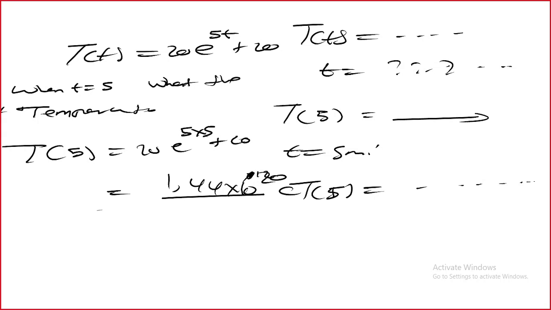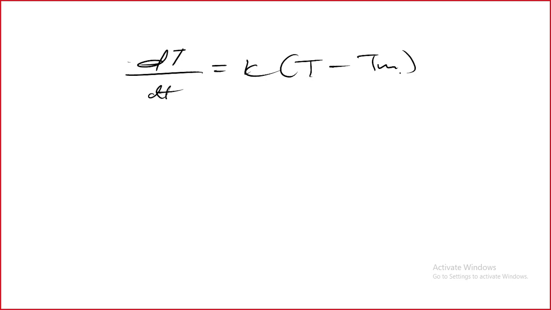You understand? As I have already said, the equation governing this is dT over dt equals k into T minus Tm, where Tm is the temperature of the surrounding.